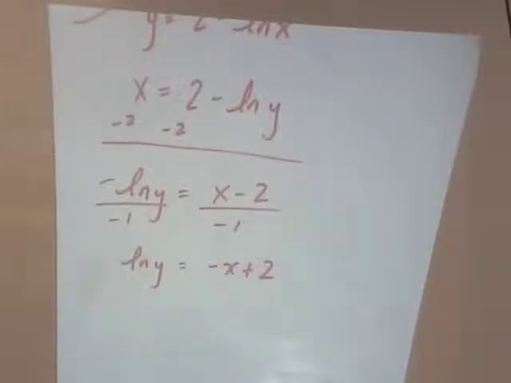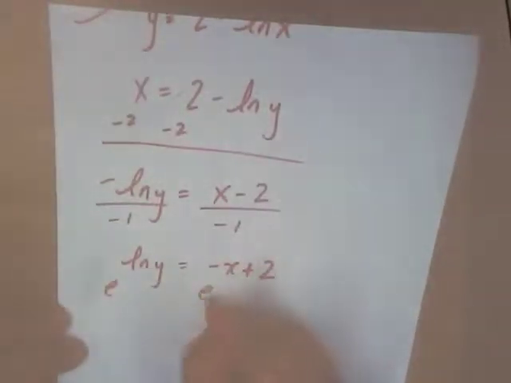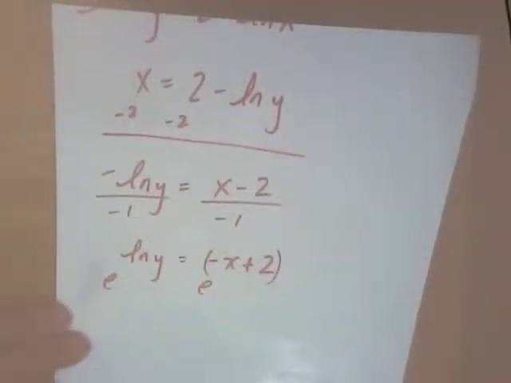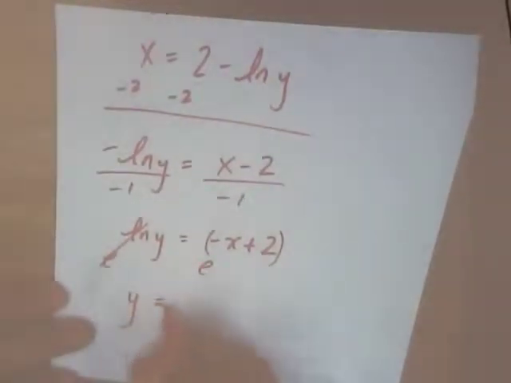Then I've got to get rid of the natural log. So I'm going to make both sides powers of e. So e raised to the natural log of y equals e raised to the negative x plus 2. On the left hand side, the natural log and the e cancel out, so I'm just left with y.